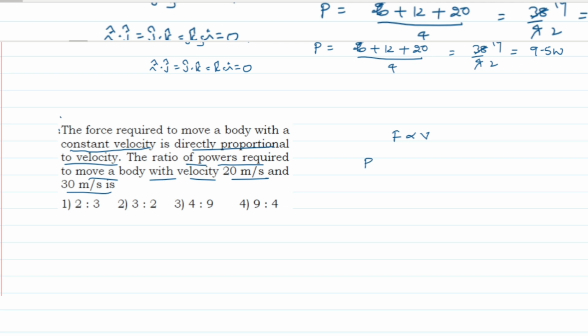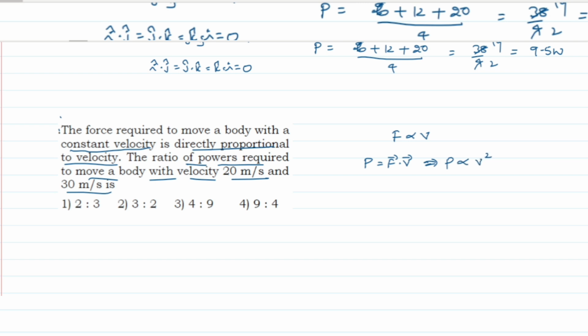Power they are asking here. In terms of force and velocity, you can write it as, this is an instantaneous power relation, F bar dot V bar. Already force is directly proportional to velocity is given, so P is directly proportional to V square.